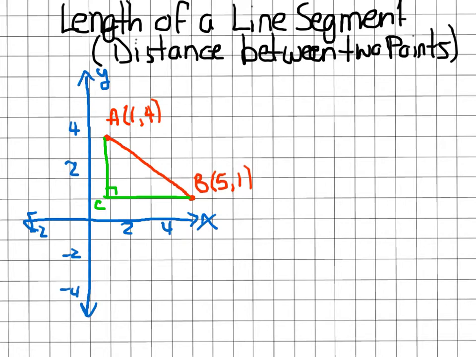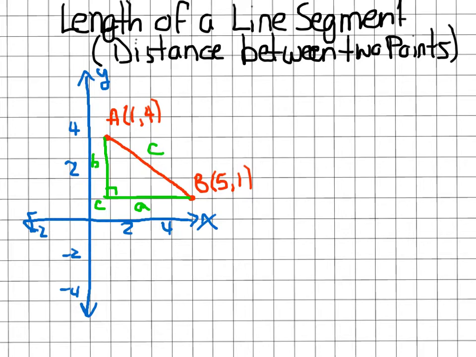And if I label my sides, this will be side C, this will be side A, and this will be side B. So if I have a right triangle, we have learned that you can use the Pythagorean theorem to determine the length of an unknown side if you know the length of the other 2 sides. In the case here, because we are using a coordinate grid and we know that each square represents 1 unit, we can actually count the squares to figure out what the length of side A and side B are.